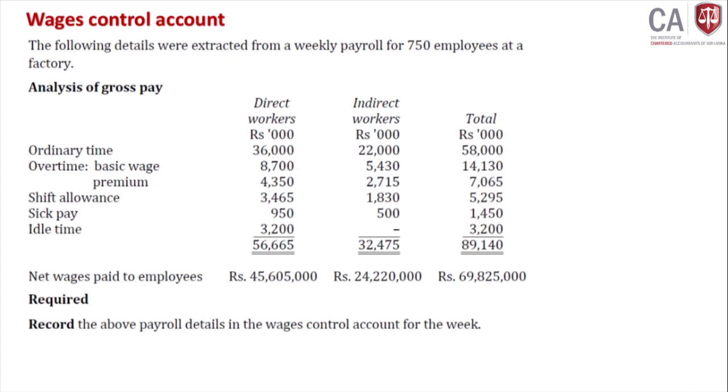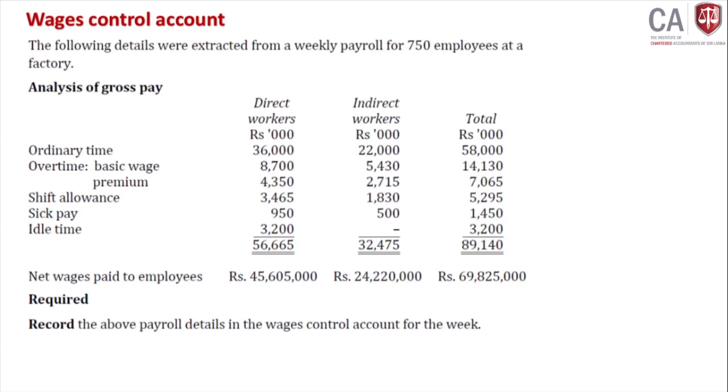Then we have OT premium. OT premium, direct or indirect, both go to overhead. Premium means the extra paid, 7,065. Why overhead?